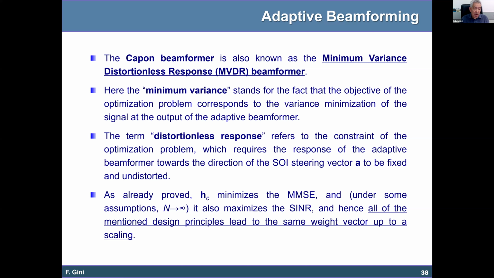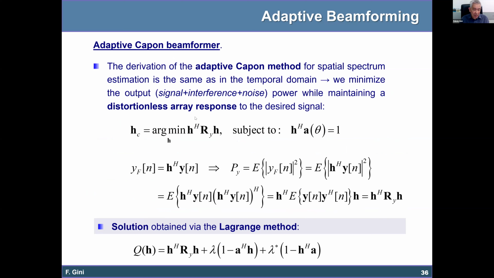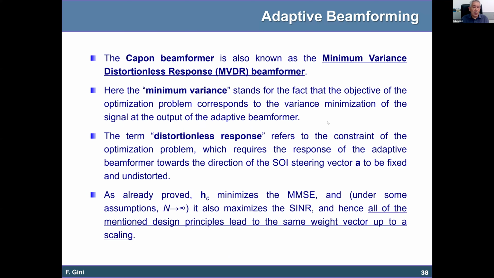This different name comes from the fact that we attempt to minimize the variance. So we attempt to minimize the power at the output of the beamformer subject to a distortionless constraint, that is this one. So that's why it is sometimes called the minimum variance distortionless response beamformer, MVDR.